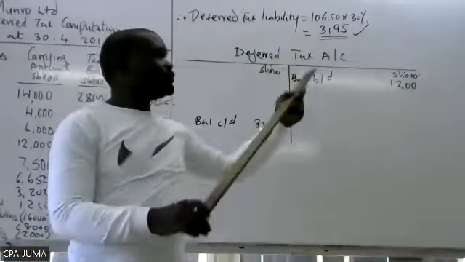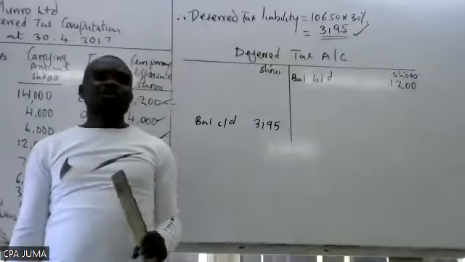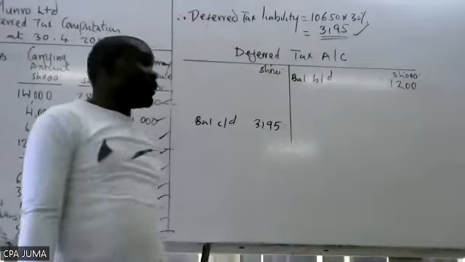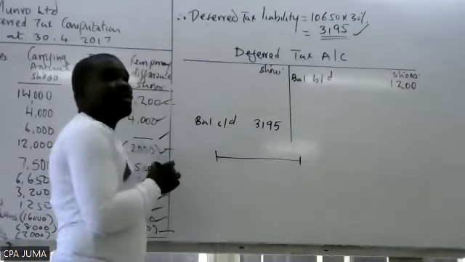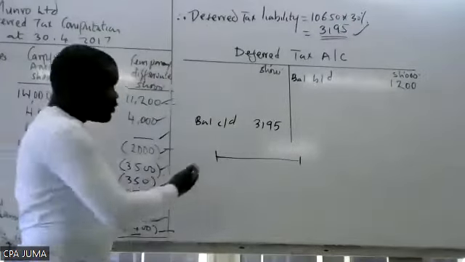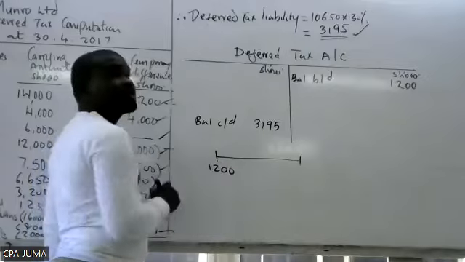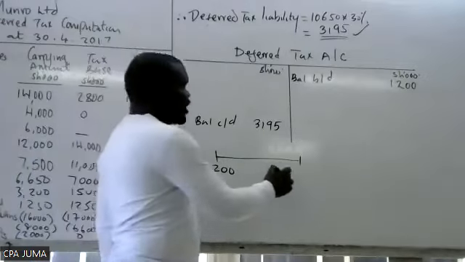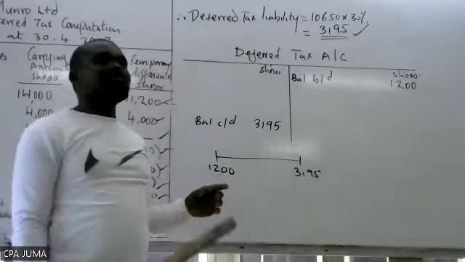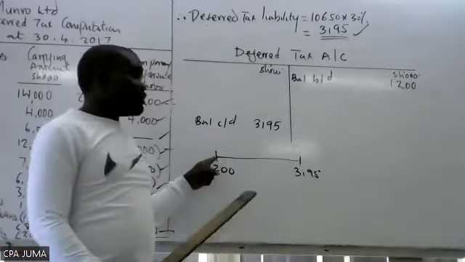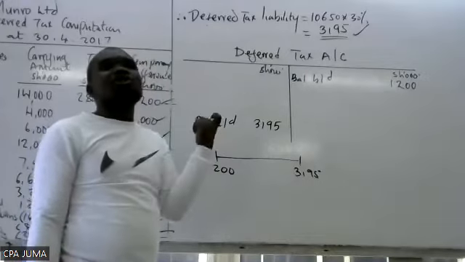This one. So there is a problem here with deferred tax, and you need to understand. Check here. When we opened the year, deferred tax was 12. When we are closing, deferred tax is 31,95. It means the increase from here to here is what came during this year.